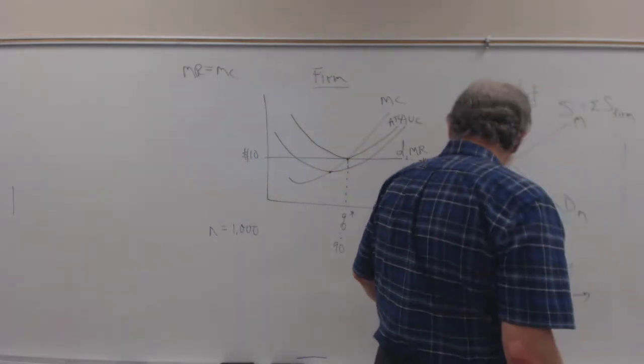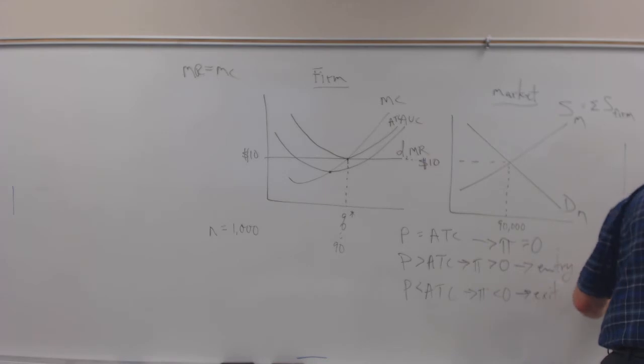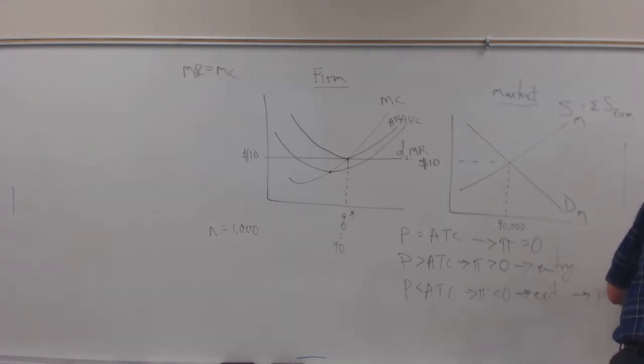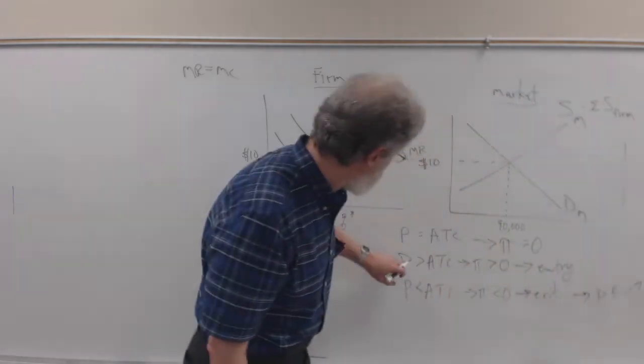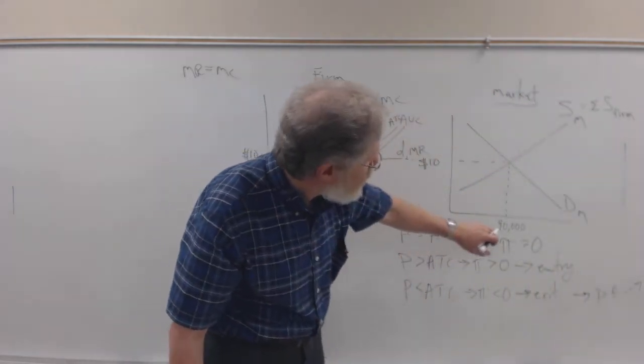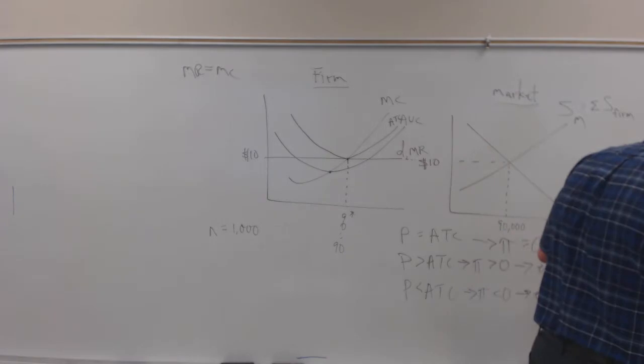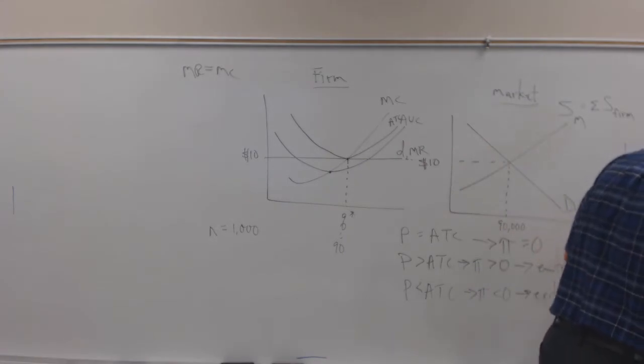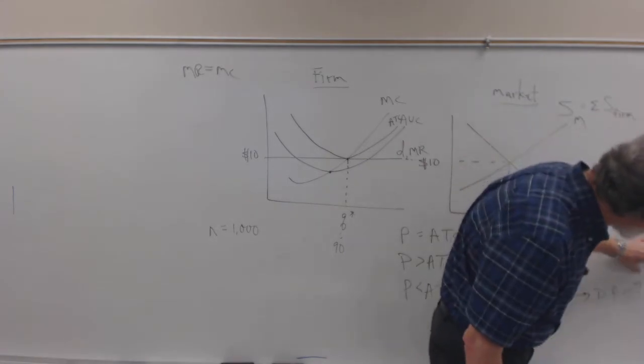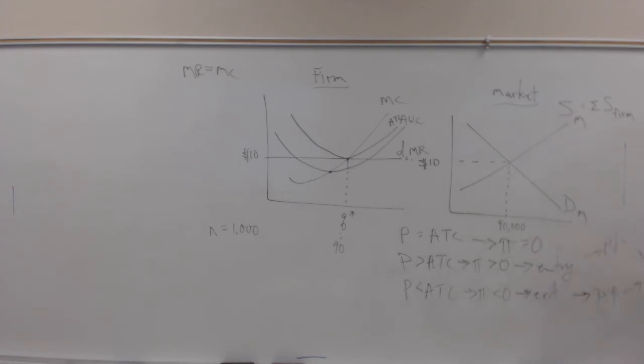If the price is below ATC, then the price is going to go up, and you end up where price is equal to ATC. If price is above average total cost, then you get entry, the price is going to go down, and again, you end up where price and average total cost are equal, which means profit is zero.